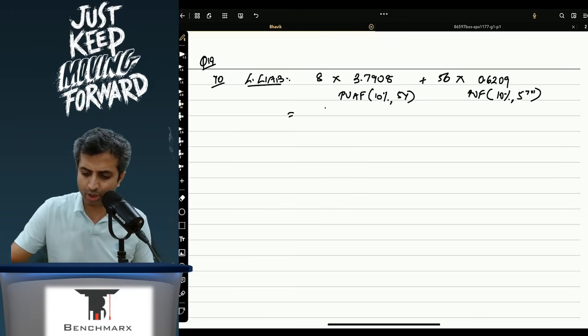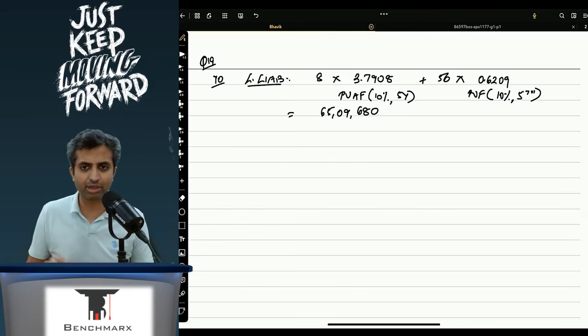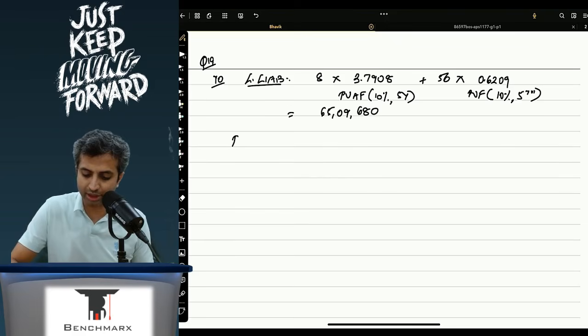So this comes to around 65 lakh 9,680. There may be some decimals here or there. Sorry. So over here, there's no other initial direct cost or site restoration or anything, and hence your entry at year 0 will be ROU asset account debit to your lease liability, which will be at 65 lakh 9,680.